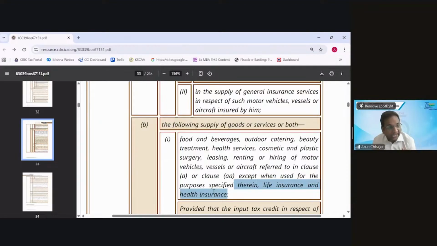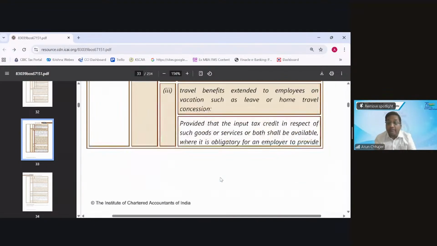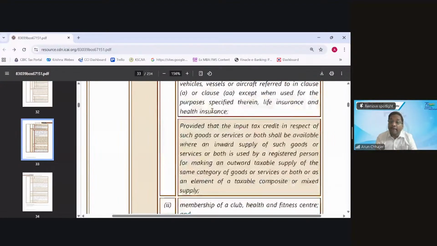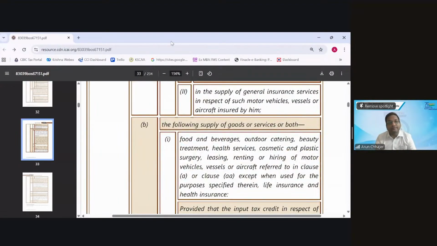Workmen Compensation Act मुझे ये कहता है कि I have to take, it is an obligation on employer to take the life and health insurance of the worker. तो अगर इसके तहत if I am taking the life and health insurance of my worker, will the ITC be allowed? Because the question comes, the proviso is written only after third clause. Will it be applicable to the clause 1 or not?